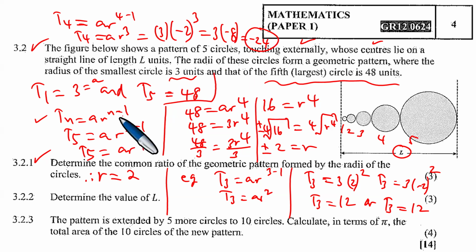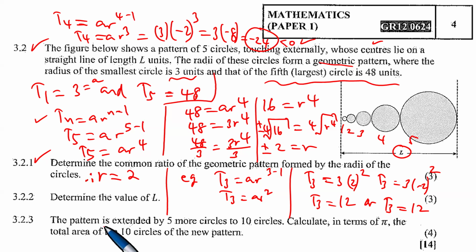Remember that the radii of the circles form a geometric pattern. These are radii, and a radius cannot be less than 0, meaning we must conclude without any shade of doubt that the common ratio of the geometric pattern formed by the radii of the circles is R equals 2, positive 2, but only that, not negative.